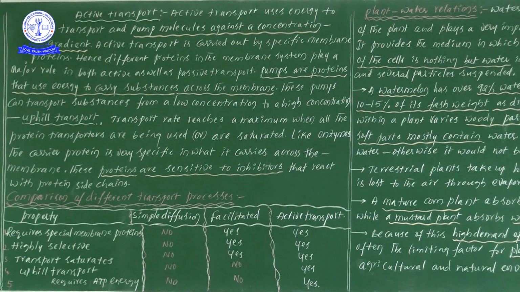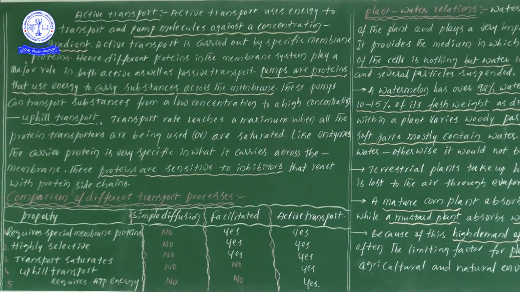We can say maximum, or saturation, only when all the proteins present on the membrane are involved in the transport of molecules. At that time we can say the transport rate reaches maximum. So try to understand clearly. Next one, when the transport proteins being used are saturated.